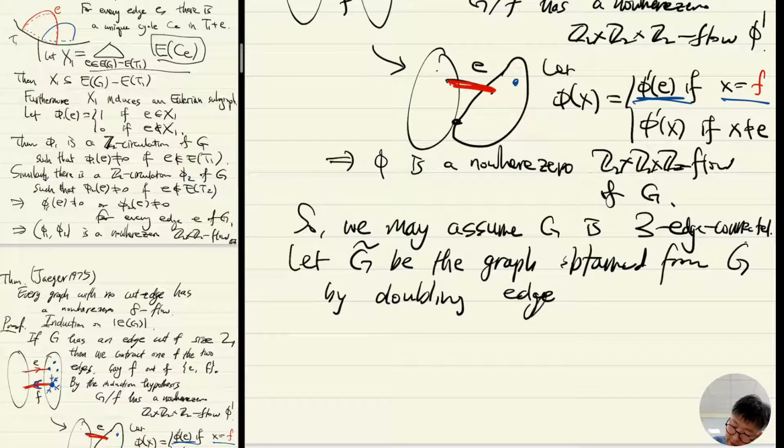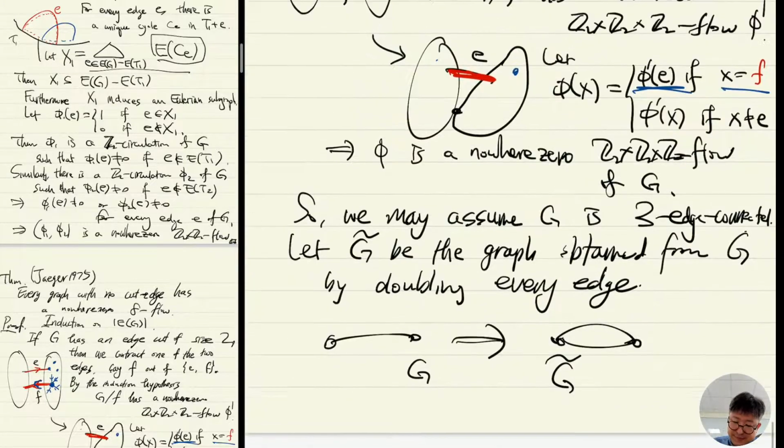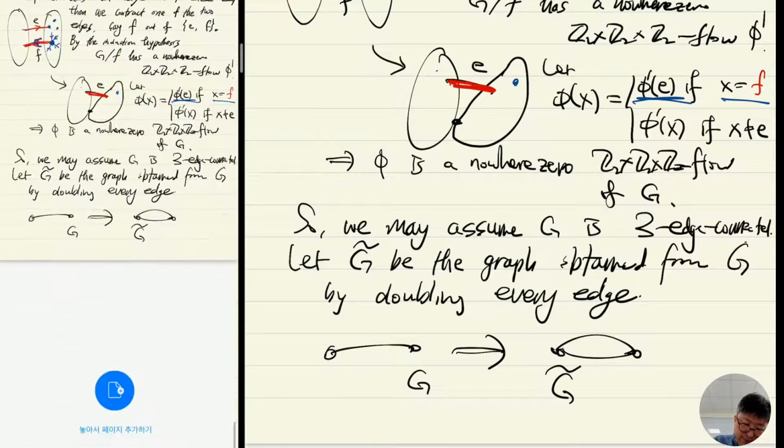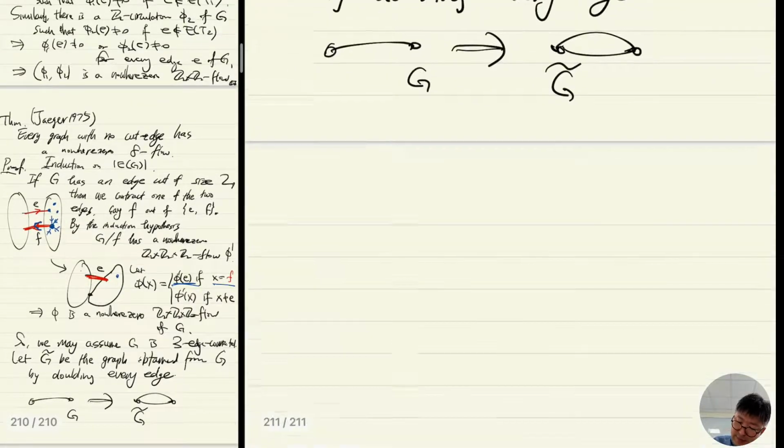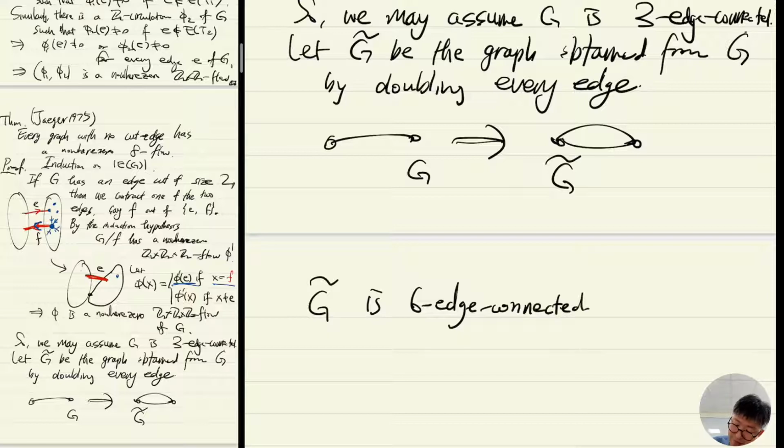So if I had an edge, then I will make 2 edges. If this is G, then this is G tilde. So why is it a good method? Well, the thing is, then G tilde is 6-edge connected. So G tilde has 3 edge-disjoint spanning trees.